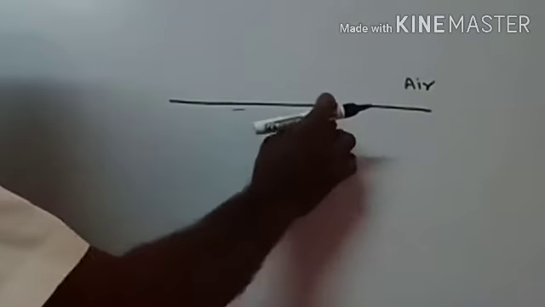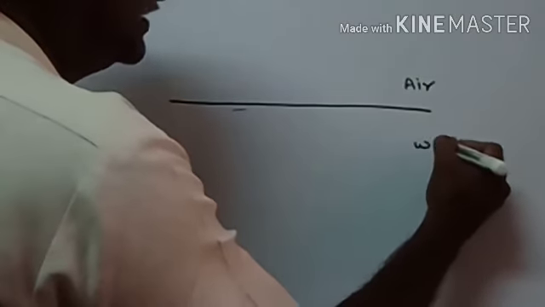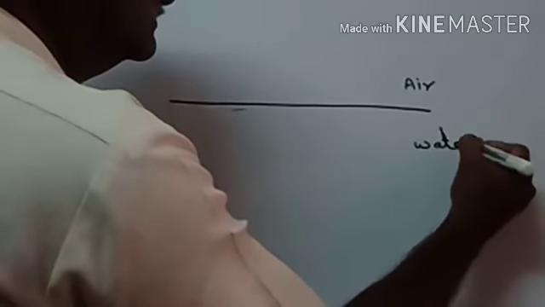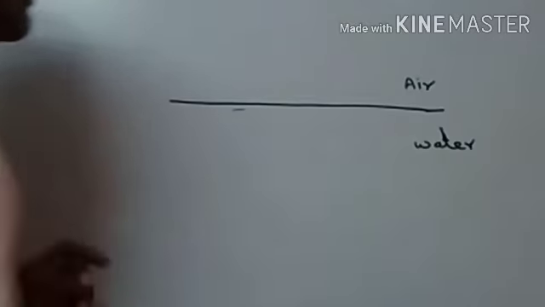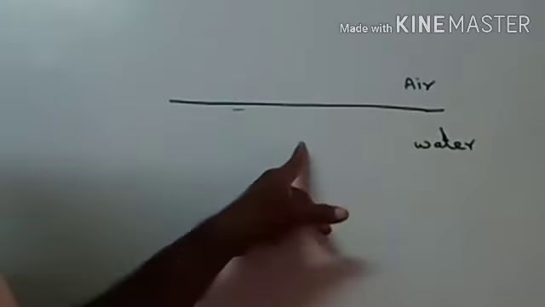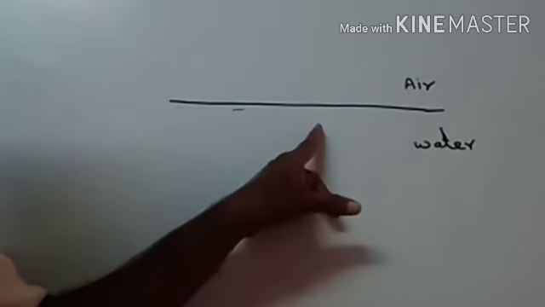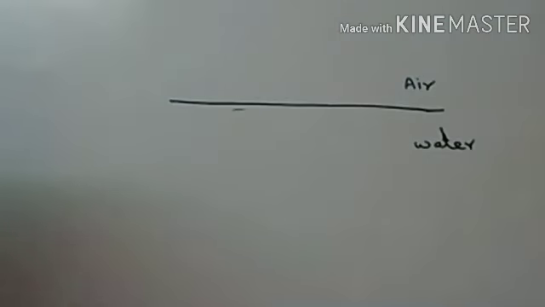Below the surface, here is one more medium, imagine water. So this is the surface which separates two mediums. Above, the air medium is there; below, the water medium is there.